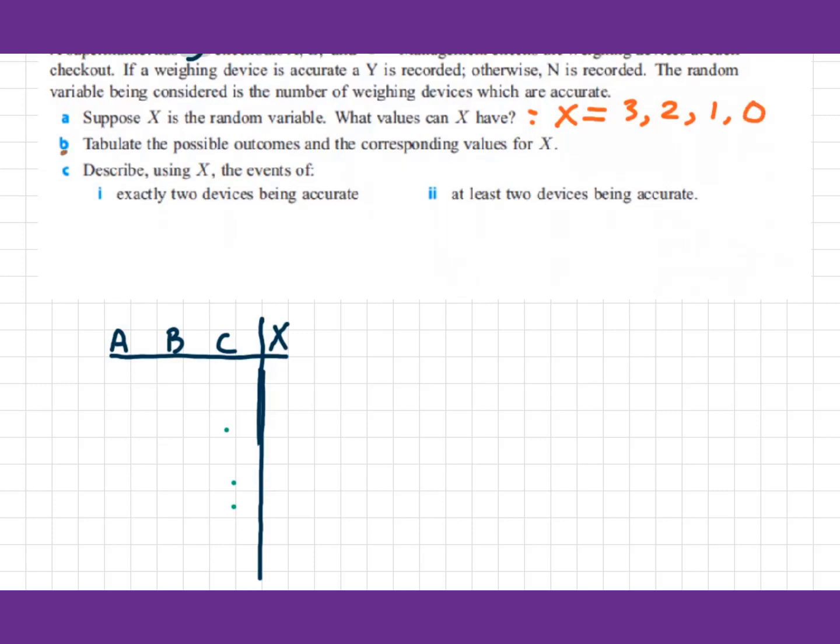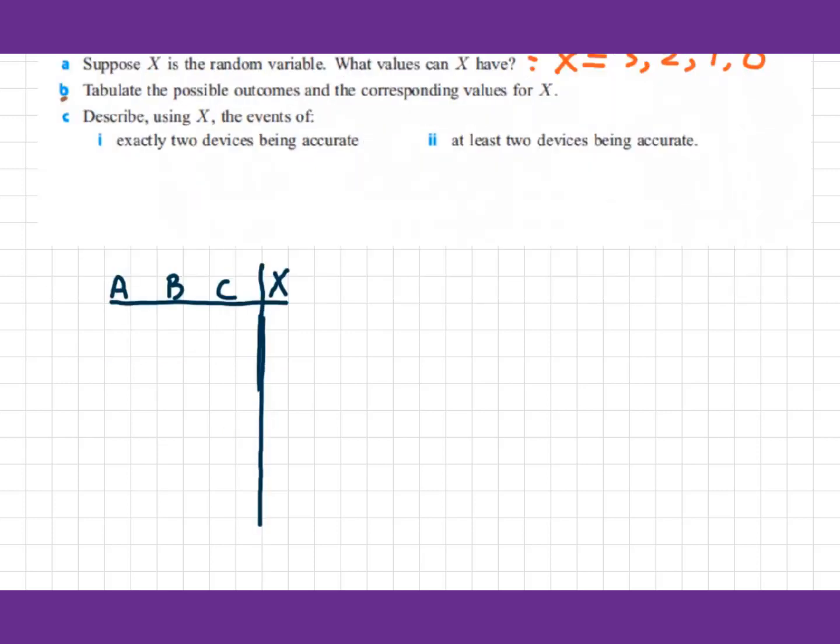Then for B, tabulate the possible outcomes and the corresponding values for X. We will make a table. We have A, B, C checkouts. All 3 accurate, so we have 3 Y. 2 accurate weights. Only 1 accurate weight.